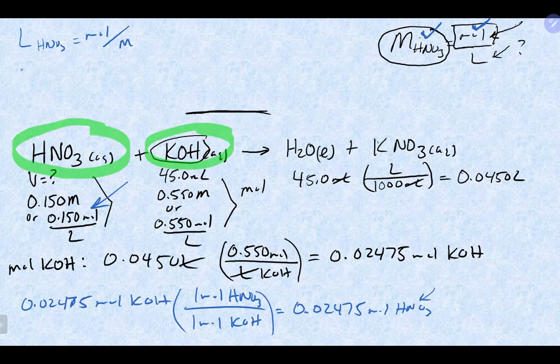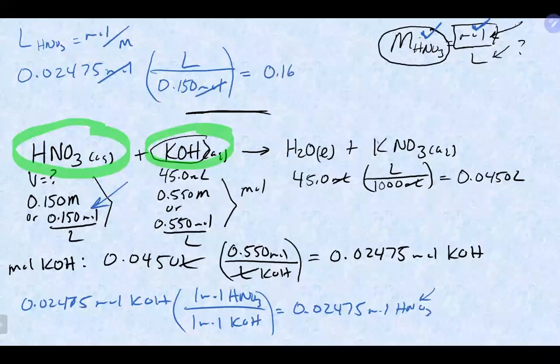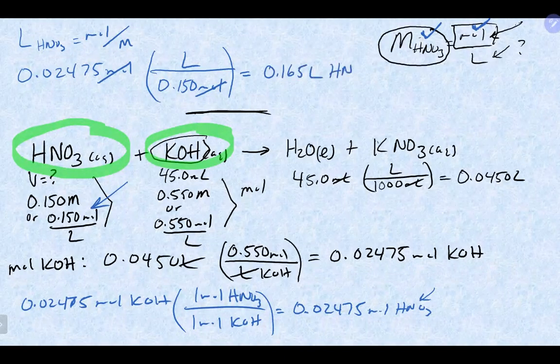The moles of it is 0.02475. Again, using the molarity where we can see both of the units, 0.15 moles on the bottom, liters up on top. The moles will cancel out and we will end up with 0.165 liters of nitric acid, which if you multiply by 1,000 milliliters a liter is about 165 milliliters of nitric acid.